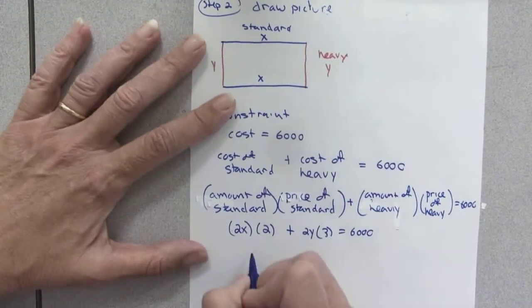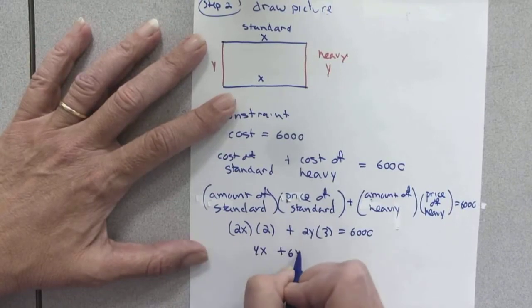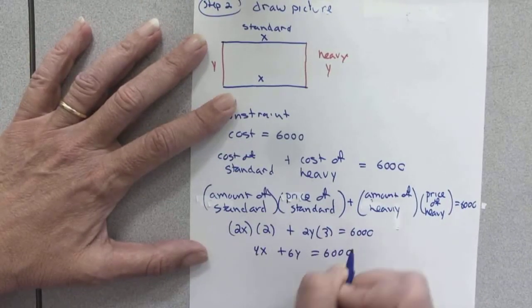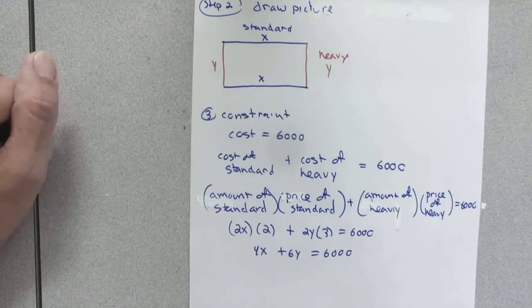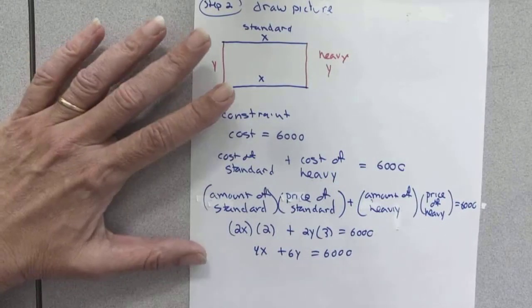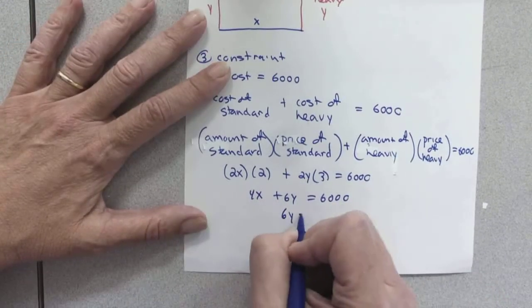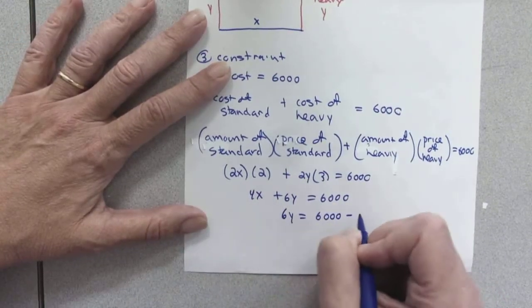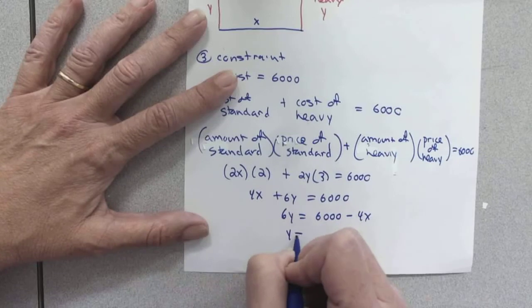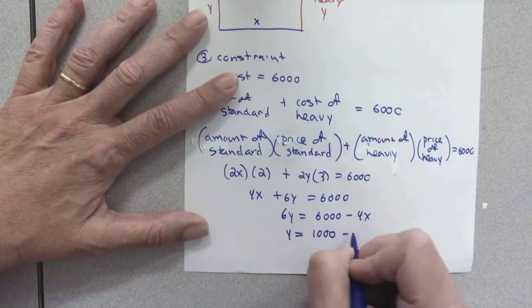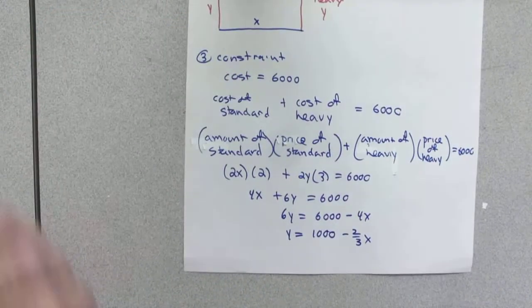That's going to be 6,000. And so 4x plus 6y equals 6,000. Solve for one of those variables. Again, it doesn't matter which variable you solve for. Just solve for whichever one you think is going to be easiest. And so I get y equals 1,000 minus 2/3 x.